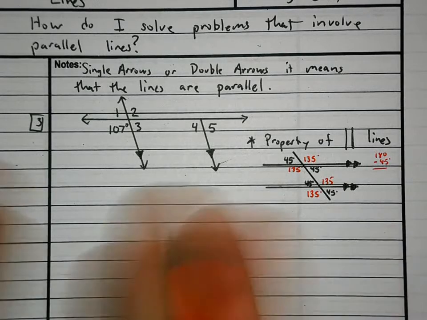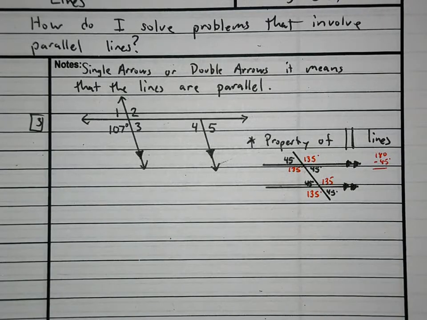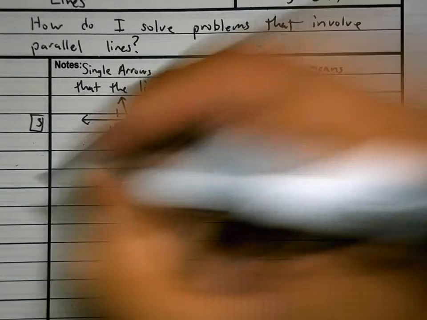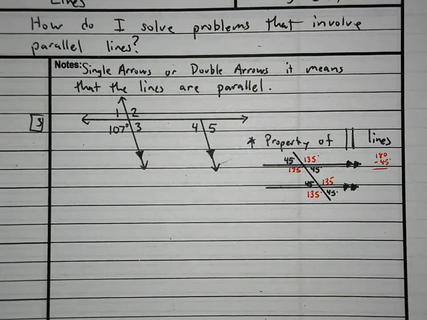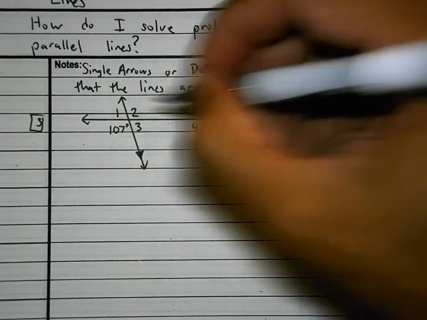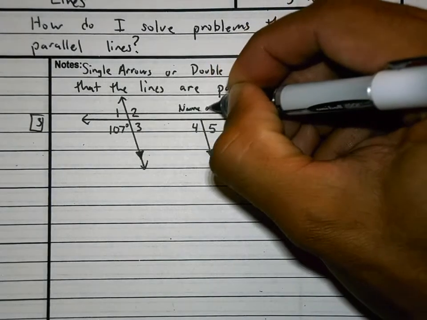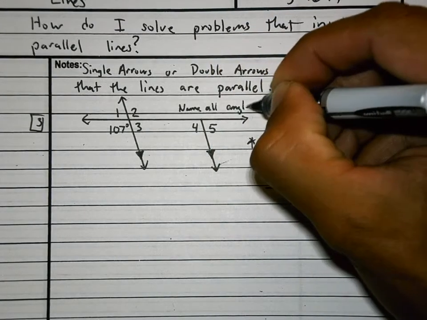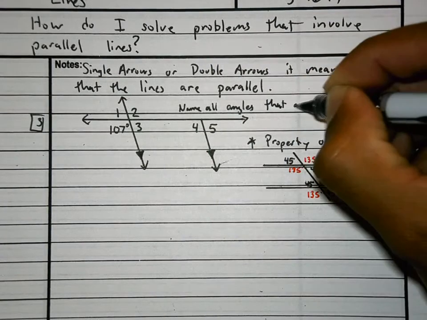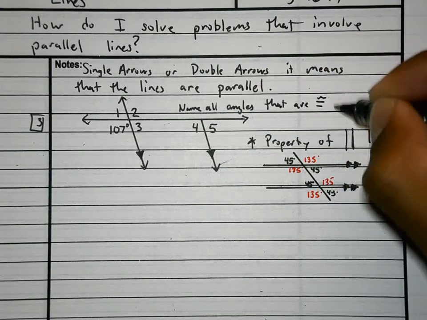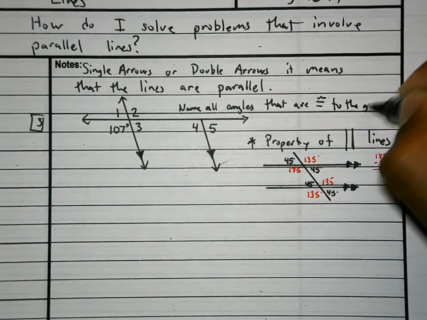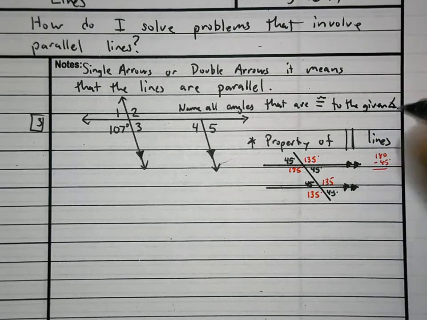So when we go back to number 3, it's going to ask the question. It says, name all angles that are congruent to the given angle. Let me write down that somewhere. Name all angles that are congruent to the given angle.